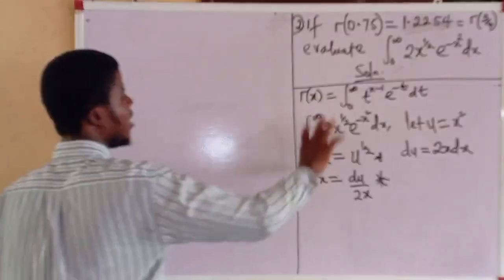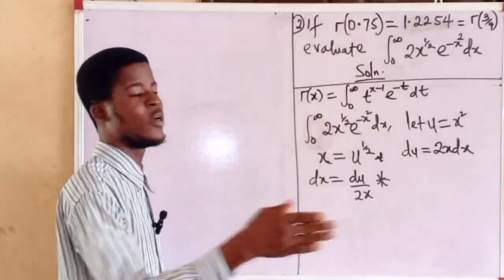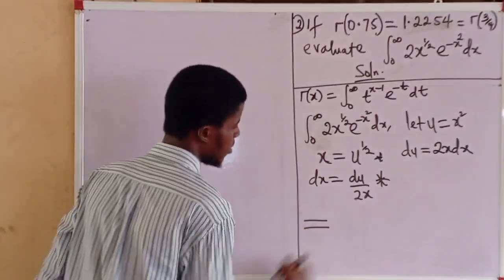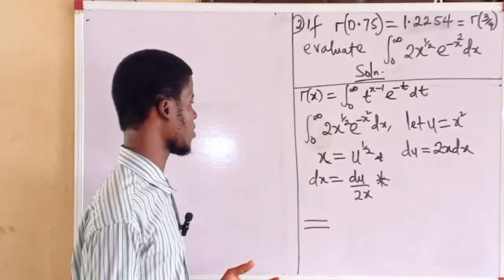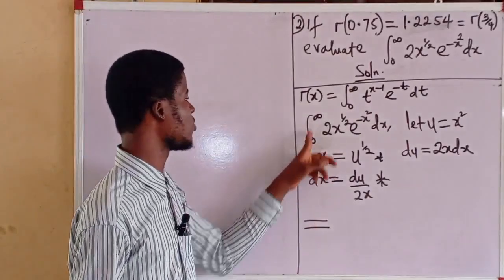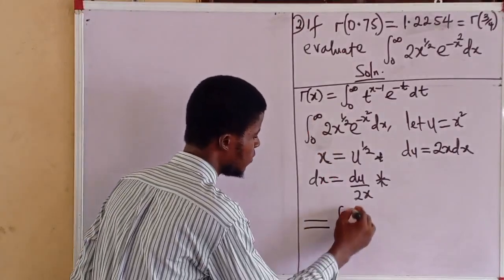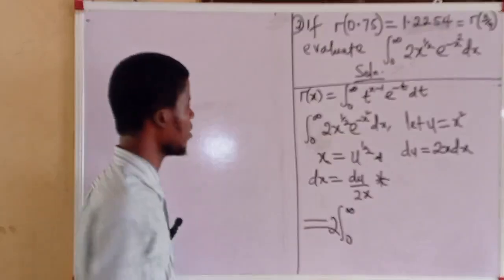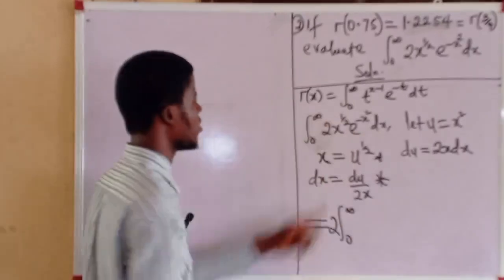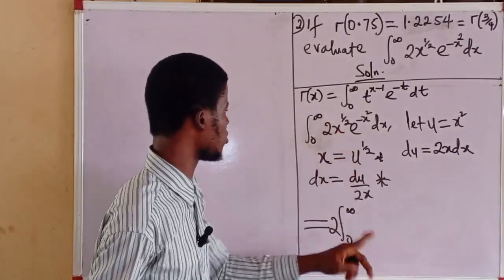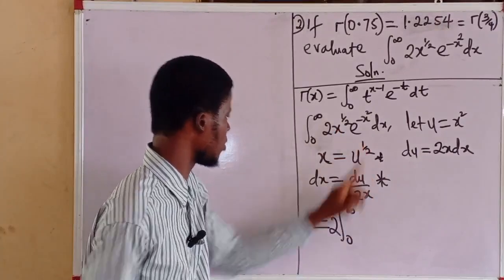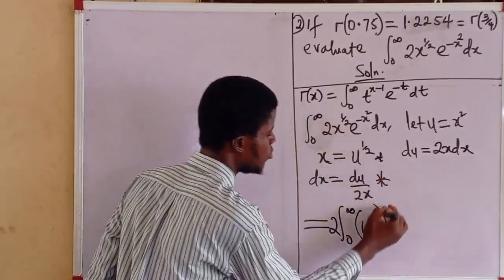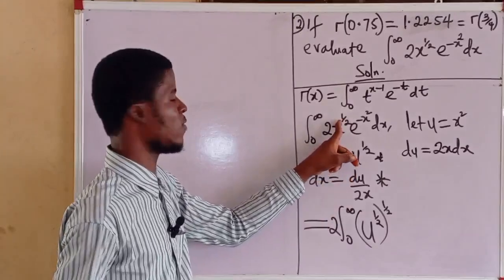So let's rewrite this integral in terms of a new variable u. Take note, the limit will still remain from 0 to infinity. 2 is a constant, I want to bring it outside. So x to the power of 1 over 2. What is x? x is u raised to the power 1 over 2, because x is having a power of 1 over 2 here.